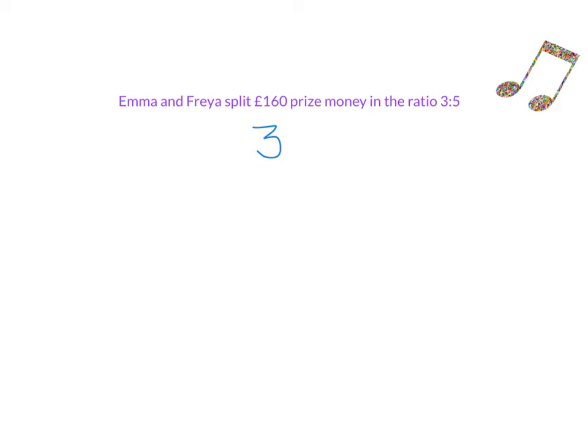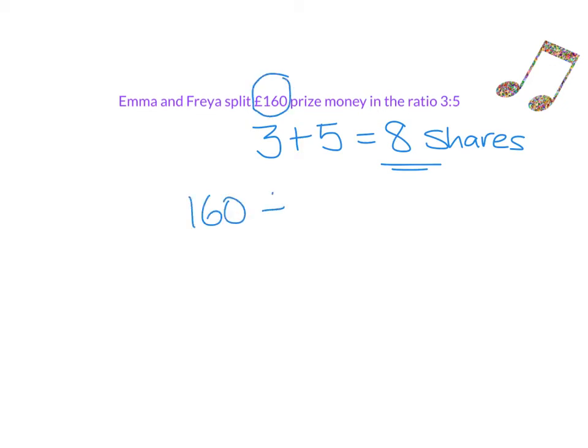Emma gets 3 shares and Freya gets 5. So altogether there are 8 shares. I've got a total of £160. If I divide that by 8, I can work out that each share is worth £20 again.